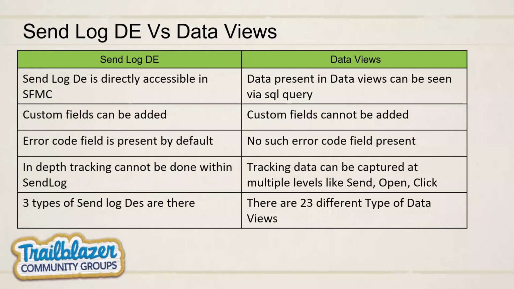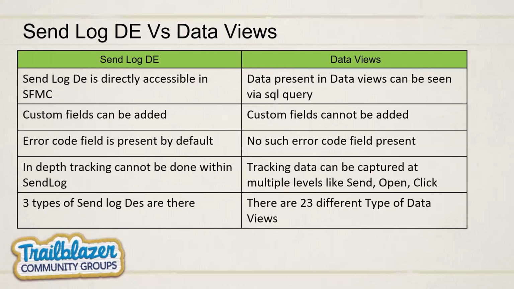For that purpose, you have to write certain SQL queries to access the data present in the data views. But the data present in the send log data extension can be directly accessed. We can directly move to the data extension to see what data is present in the send log data extension.